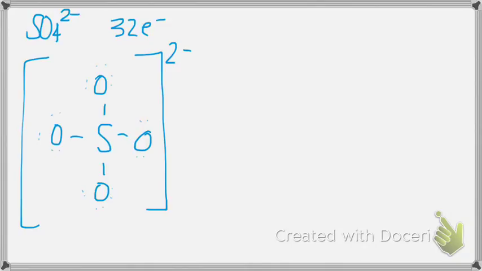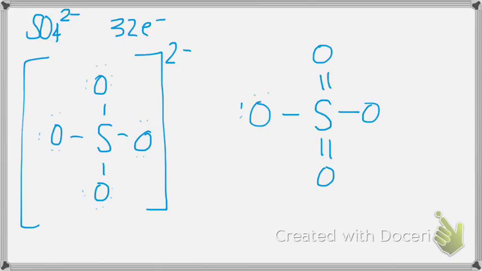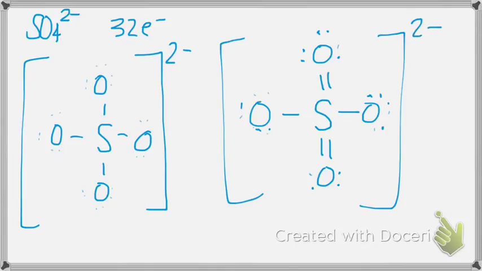But another way that you can draw this is where you can double bond. And then I give them their electrons, I'm lone pair challenged. And this would have a 2 minus also.